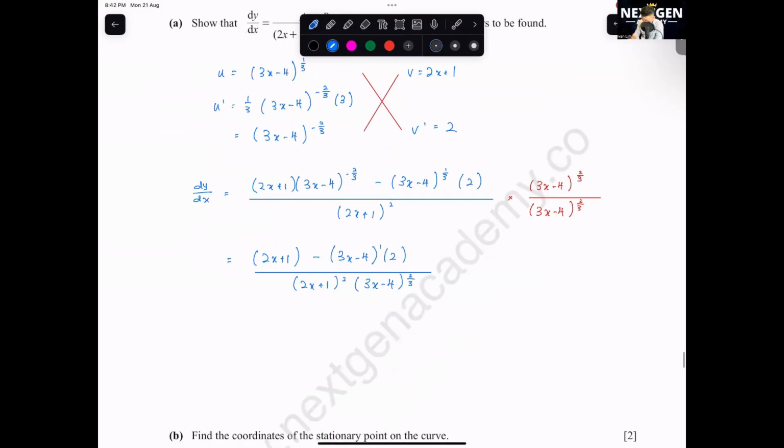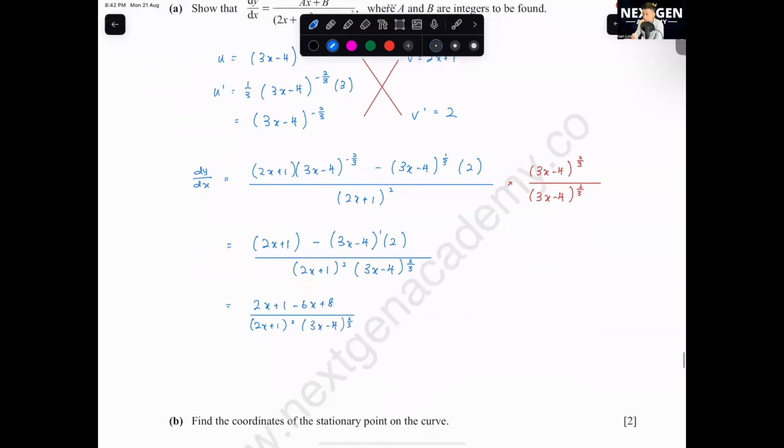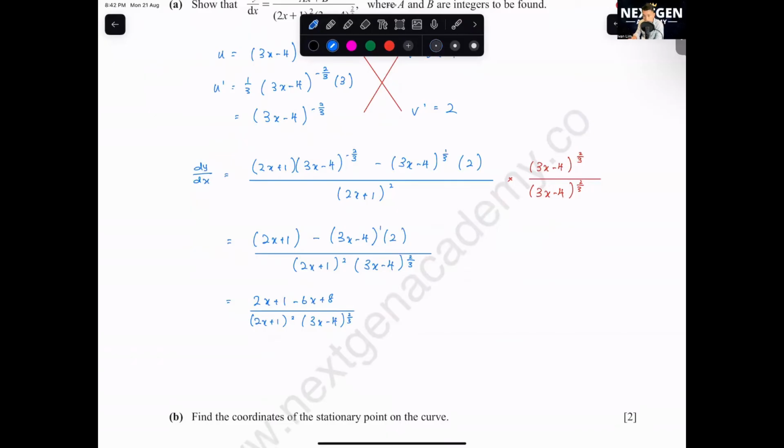Then open up the bracket. 2x plus 1 minus 6x plus 8, over 2x plus 1 squared, 3x minus 4 power 2 over 3. Then here you get 9 minus 4x.